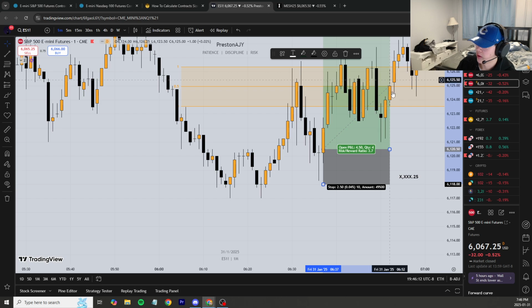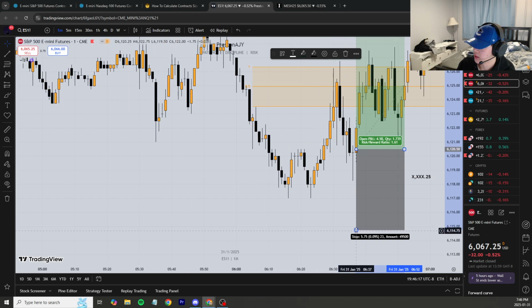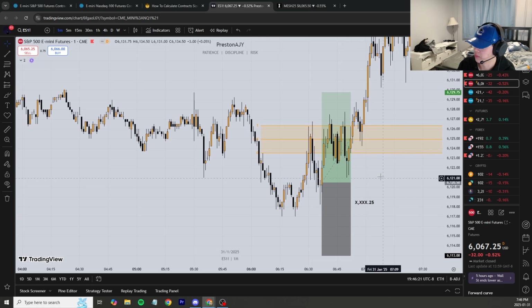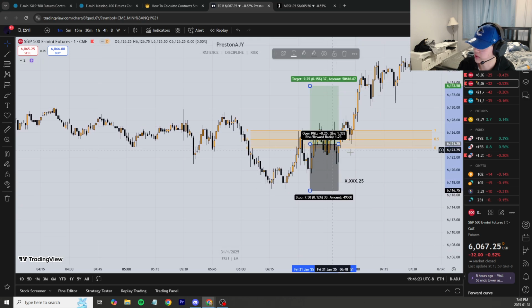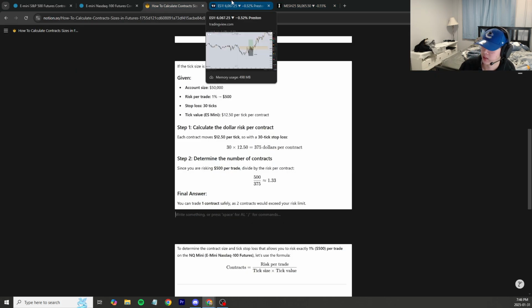So if I take a trade with a 30 tick stop loss, I can only risk one contract for this kind of stop loss. All right, that makes sense.